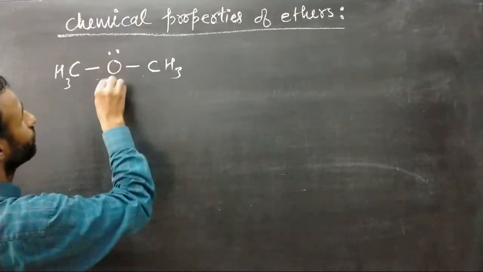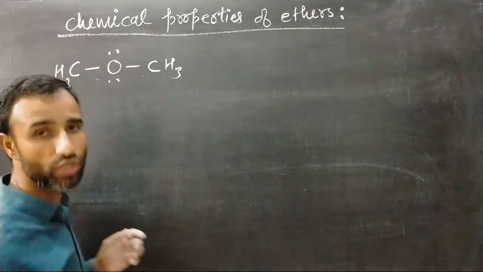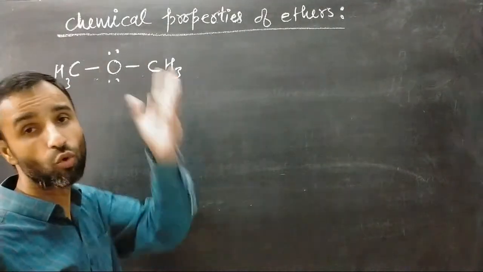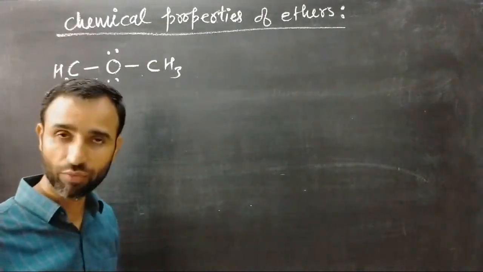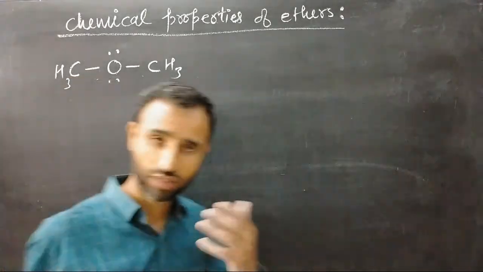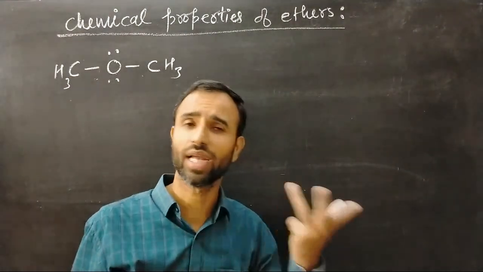So it is very difficult to break carbon-oxygen bonds, because in alcohol there is an OH bond, so that becomes reactive, but in this case on both sides they are non-reactive groups, or we can say less reactive groups.